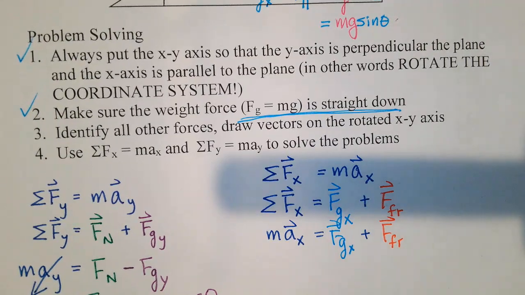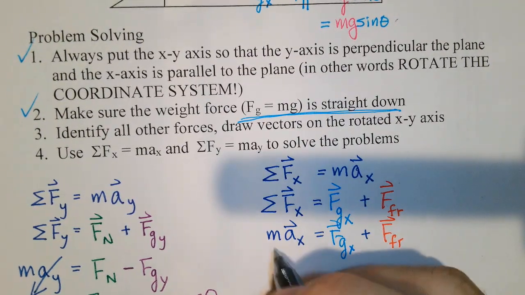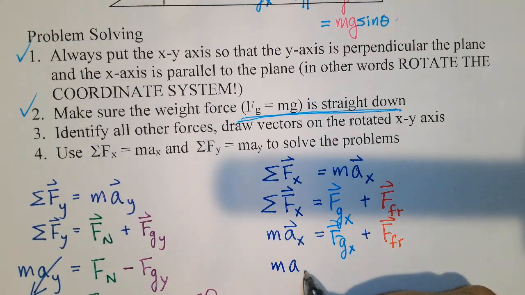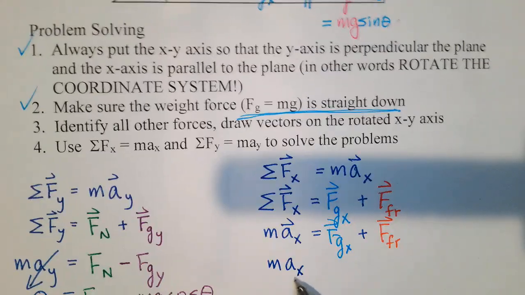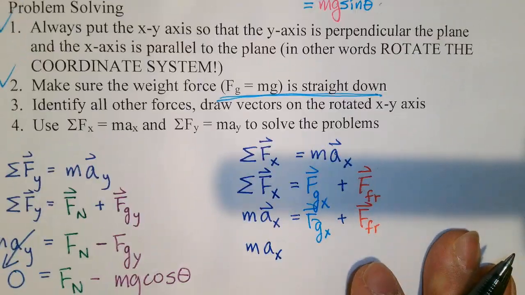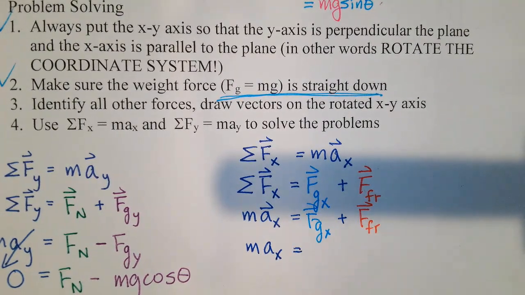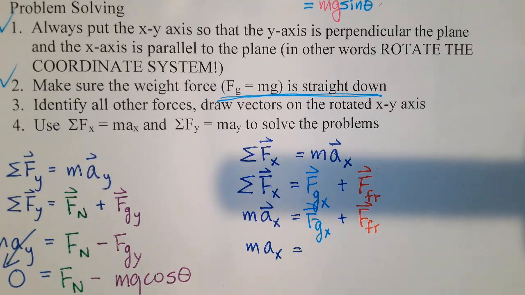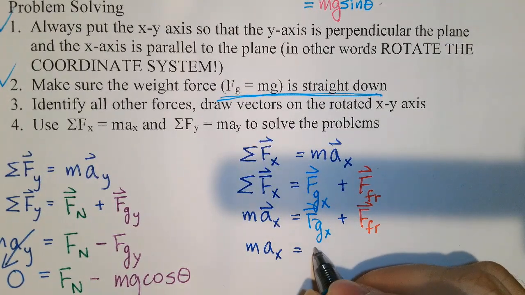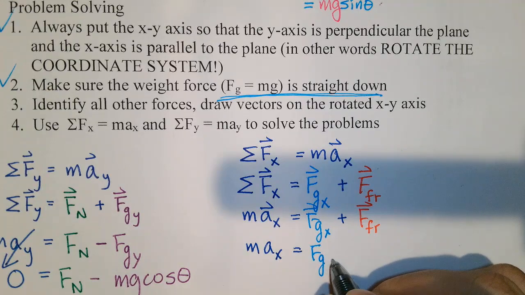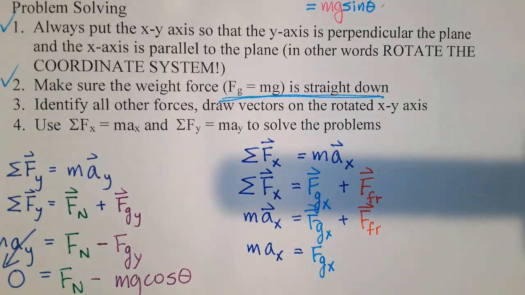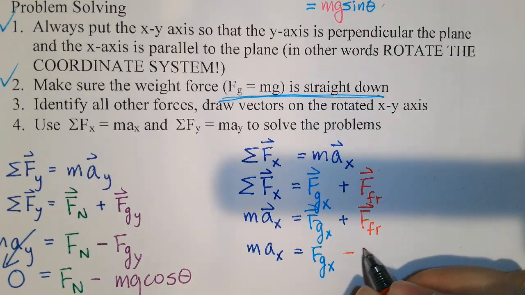Now let's give directions to these. MAX, which we don't know which direction this thing's going to be accelerating actually, is equal to FGX, which is positive. Friction in this case is negative.